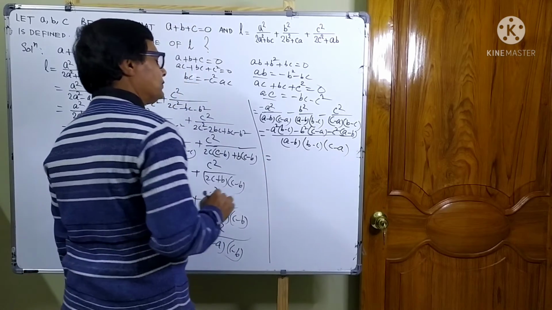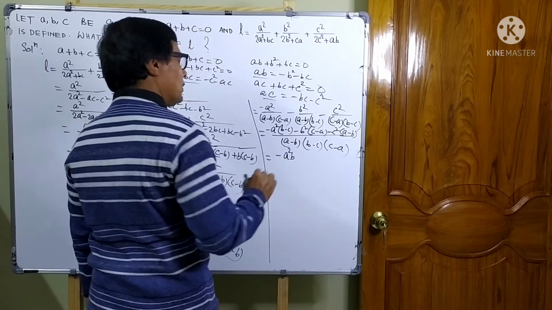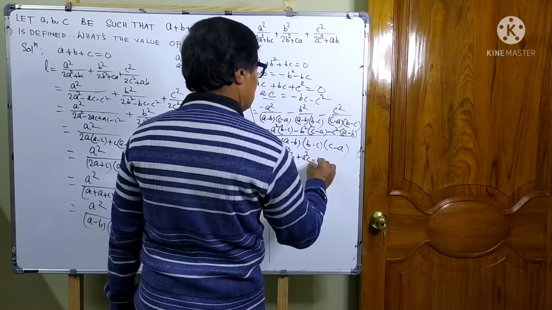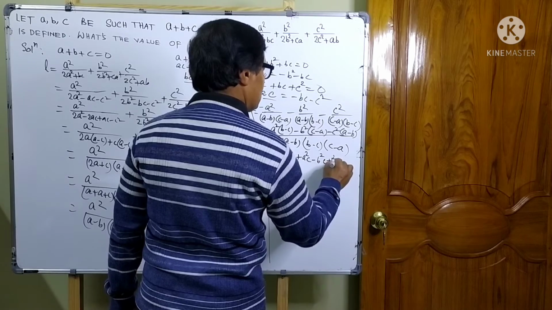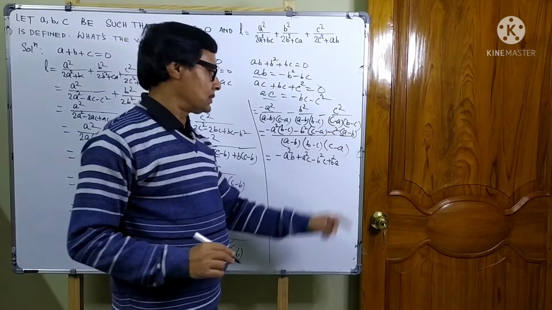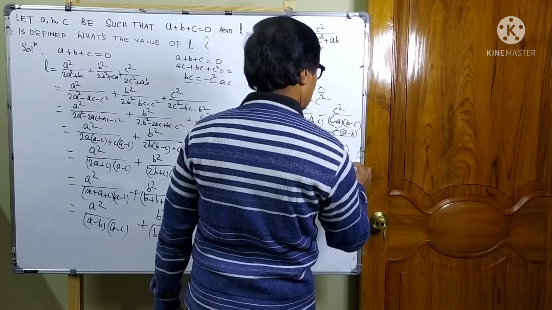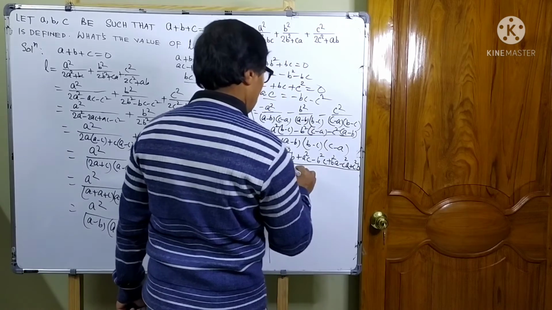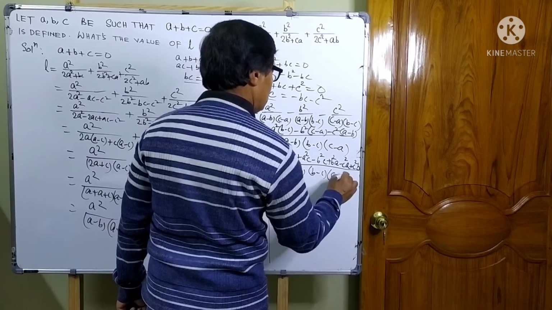This is equal to minus a square b plus a square c, minus b square c plus b square a, and minus c square a plus c square b, over a minus b, b minus c, c minus a.